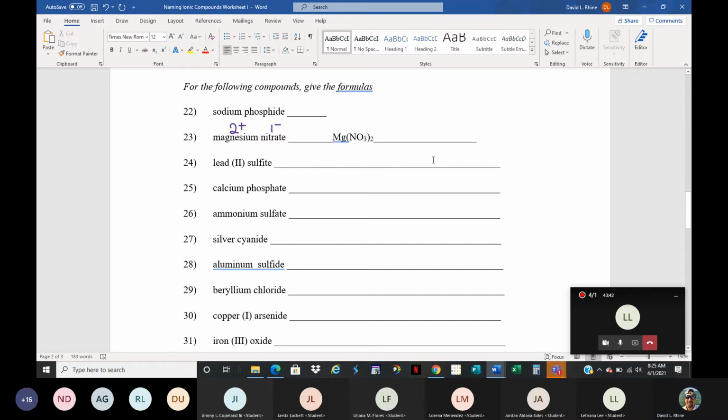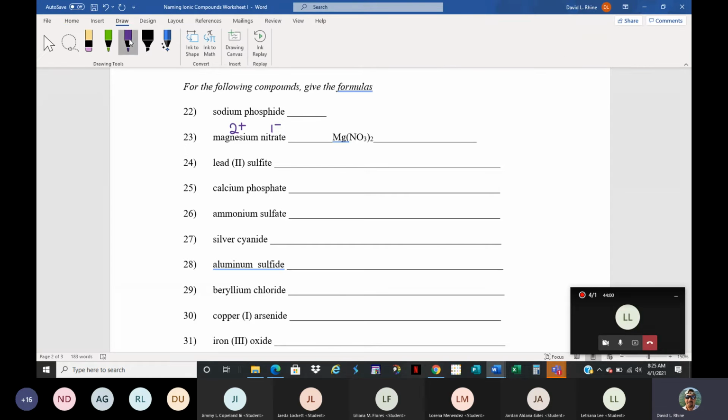All right. So if I need to add a 2 or a 3 to a polyatomic ion, put parentheses around it, and then you put your subscript. Another way of showing this is, remember, my compound has to be electrically neutral, correct? Just say yes.